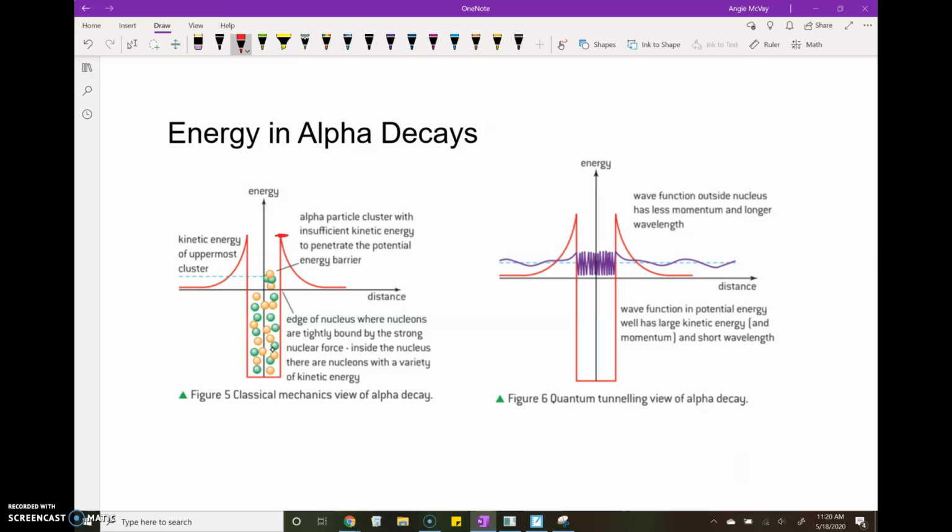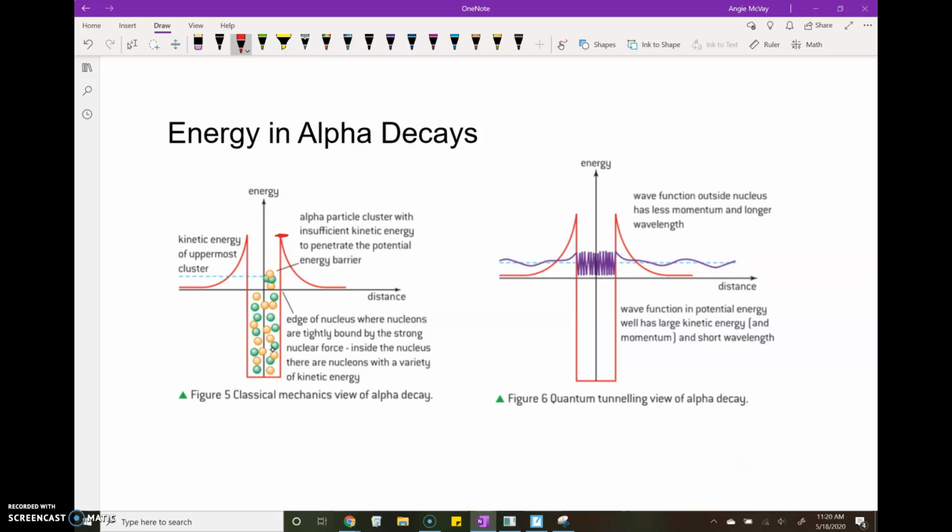However, there's this idea called quantum tunneling, where a wave function in a potential well, just like an electron has a potential well within an atom we talked about with the photoelectric effect. We can treat an alpha particle like a wave, that also has a wavelength and a wave function from the Schrodinger equation, a probability that it will exist in a certain state.